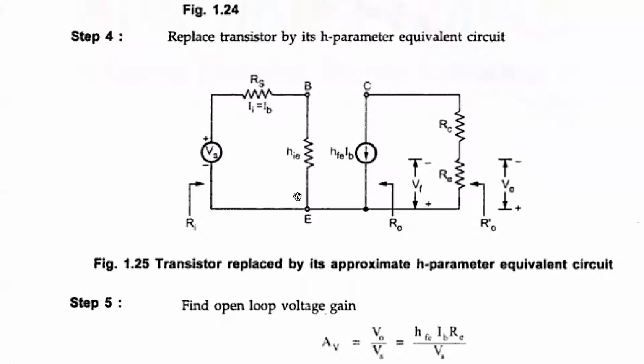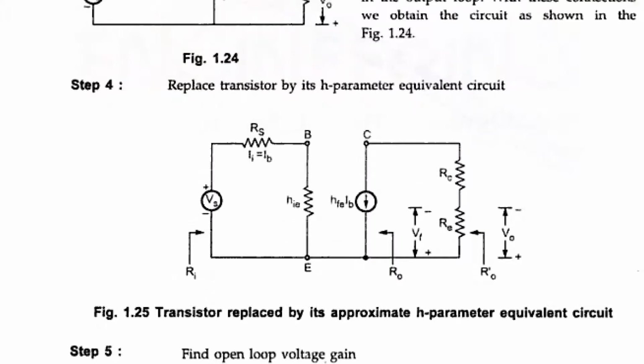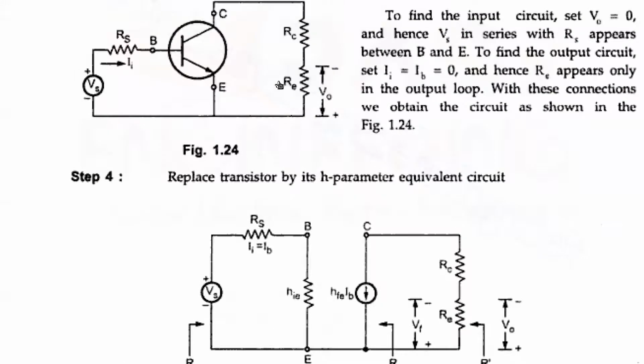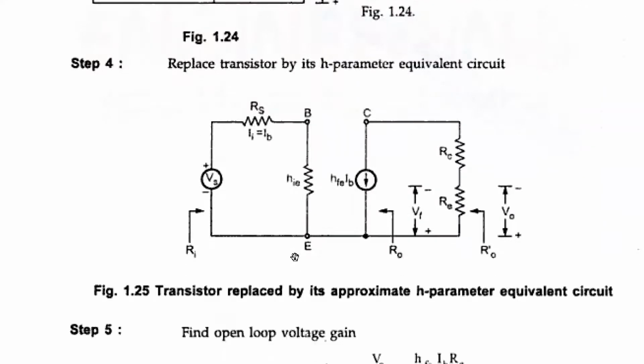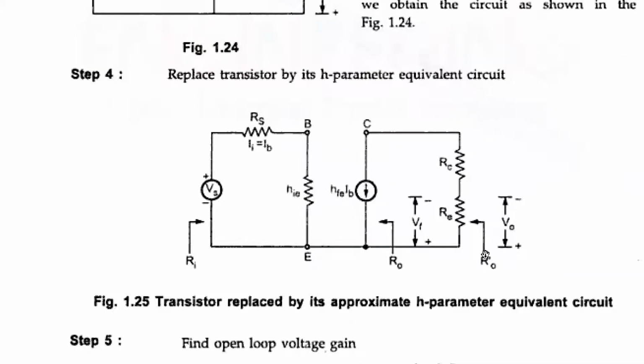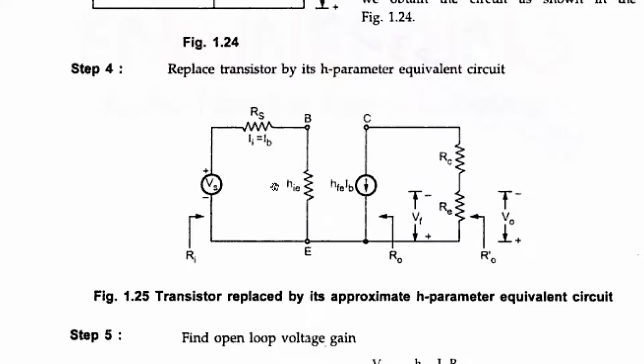Because we already made the feedback signal 0 by drawing the input and output circuits, V0 by Vs will be the voltage gain without feedback.